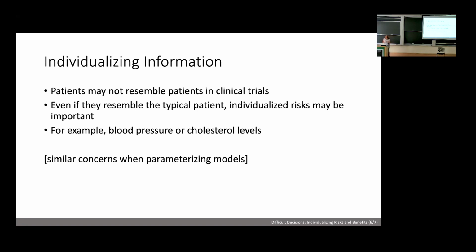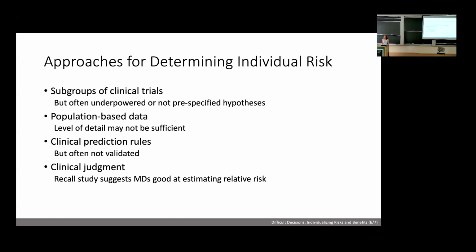How appropriate it is for the question or the problem at hand and the decision you have to make. I listed a couple of different approaches you could use, like subgroup analysis using population-based data, clinical prediction rules, and judgment that's more relevant on the clinical side. But generally, in data analysis you need to think about what group you're doing your analysis for and what data you're using.